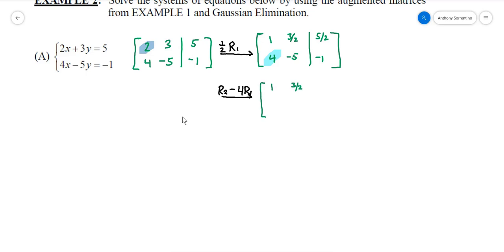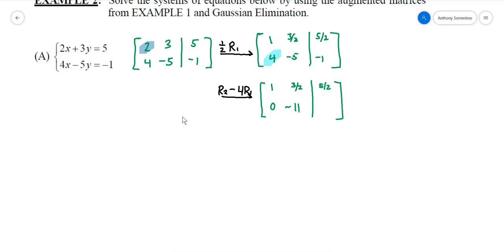I'm not transforming row 1, I'm just going to use a multiple of it and add it to row 2 to transform it. So if I do 4 minus 4 times 1, it gives me the 0 here. That's what I wanted there. -5 minus 4 times 3/2 will end up giving me a -11.